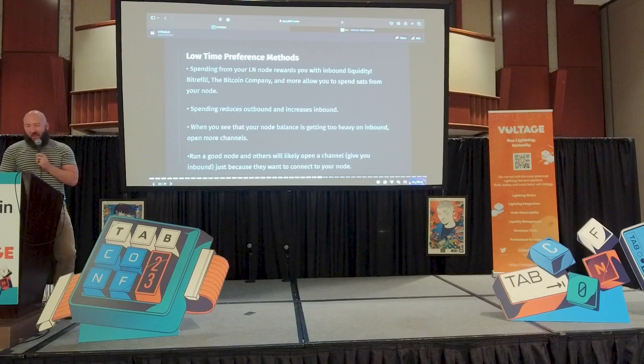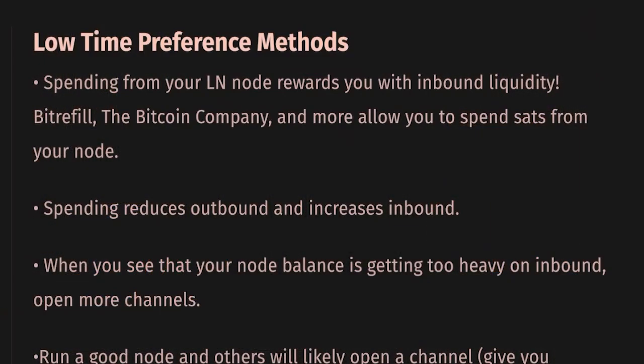Okay, so how do you get your inbound liquidity? I recommend low time preference. There are many expensive ways to get inbound liquidity, and remember, getting inbound liquidity is the equivalent of getting somebody else to allocate capital to your node. So how do you incentivize people to do that? Or how do you at least get that in some way? My opinion, the easiest way is to be spending your sats. You could spend or replace.